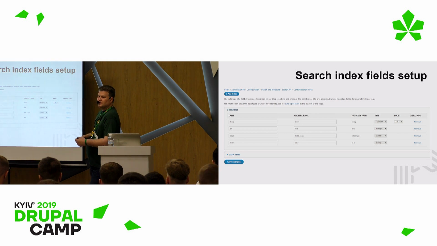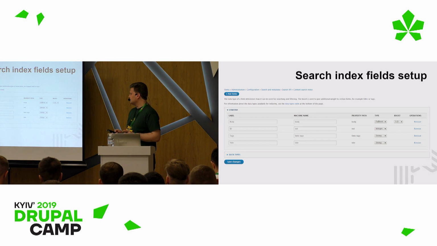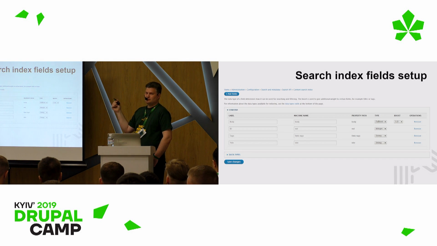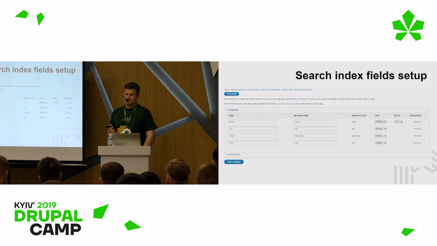It's the options for how these fields can be indexed. It's full text, integer, string, and it can be other types. When we index a field with this option, we will have an ability to interpret this field according to its type.